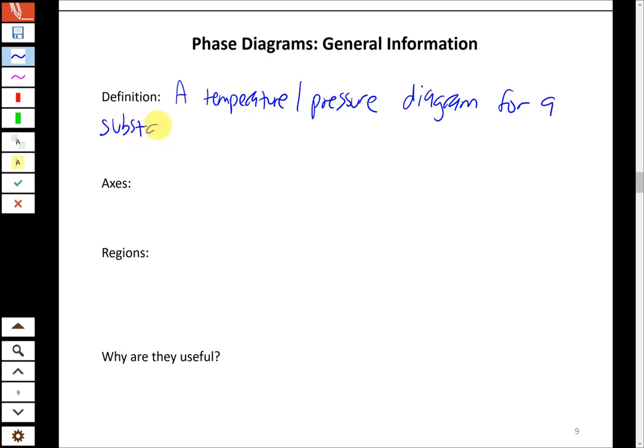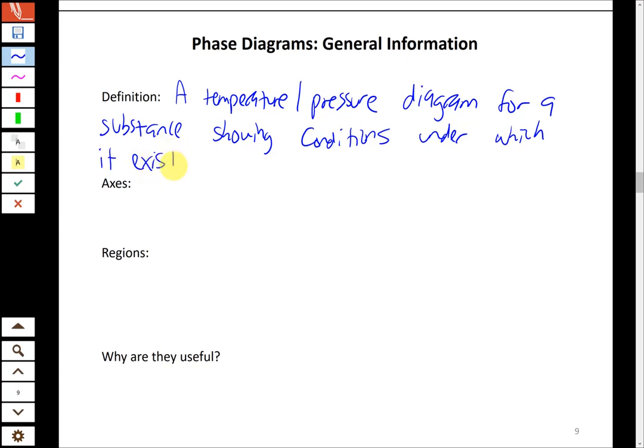And why it's going to be useful is that it shows all the conditions of temperature and pressure under which it exists in its different phases. So at minimum, every substance is going to have three phases, solid, liquid, and gas. And so you'll be able to tell which temperatures and pressures does it exist as a solid, which temperatures and pressures does it exist as a liquid, and a gas, and so on.